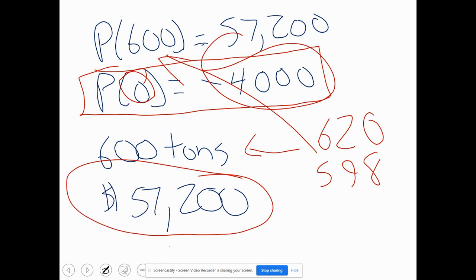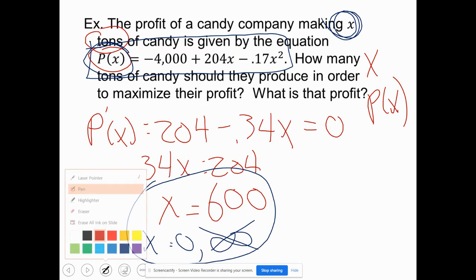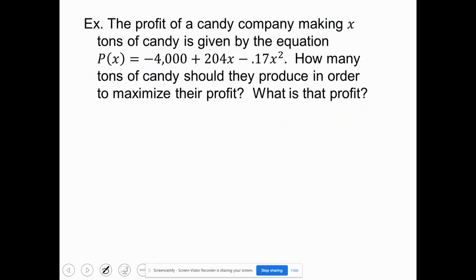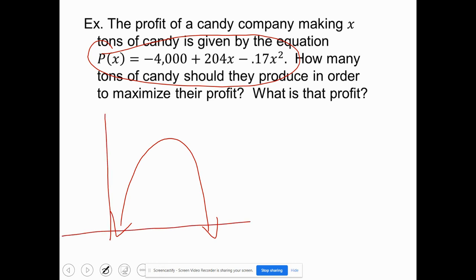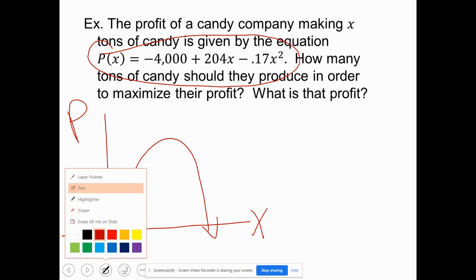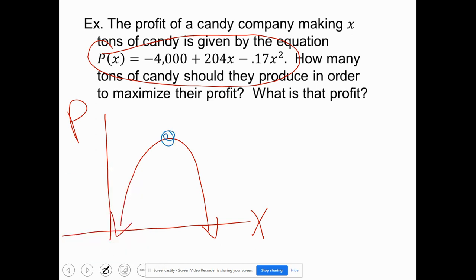So let me come back here for a minute, and I'm just going to erase this. If you think about this graph here, the graph looks like this. Here's my x, here's my profit. We're looking for this up here, the maximum profit.